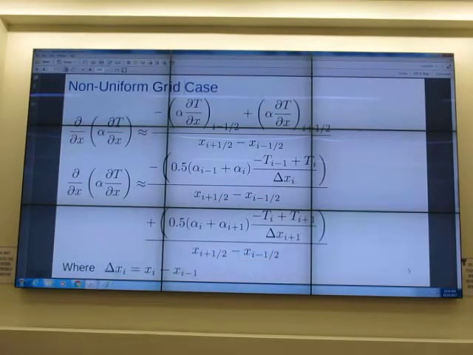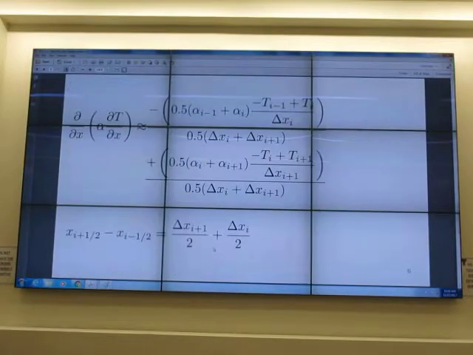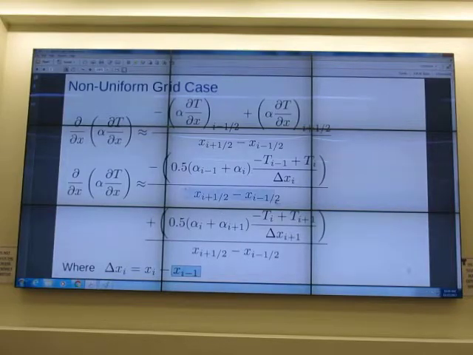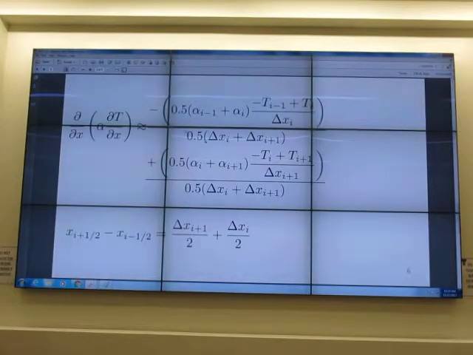Okay. I define delta x i equal to x i minus x i minus 1. That is delta x i. Then instead of writing it this way, I can say, hey, this time this is correct, okay? 0.5 times delta x i plus delta x i plus 1. Why should it be 0.5?